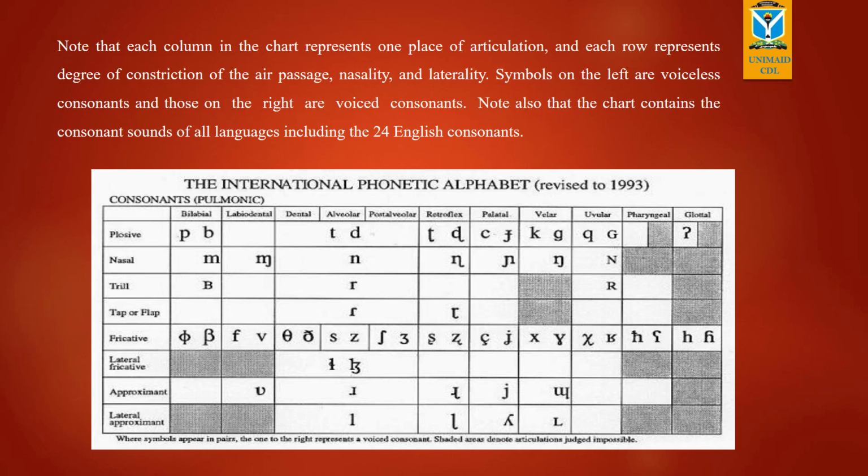For the manner of articulation, we have plosive, nasal, trill, tap or flap, fricative, lateral fricative, approximant, lateral approximant. Then we're talking about the International Phonetic Alphabet. The one we have here on display is the revised edition in 1993.